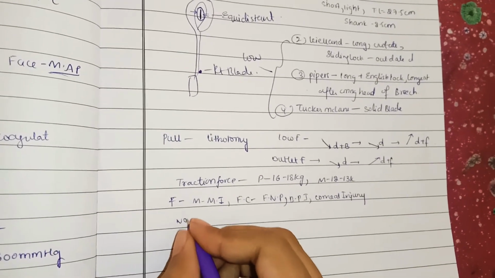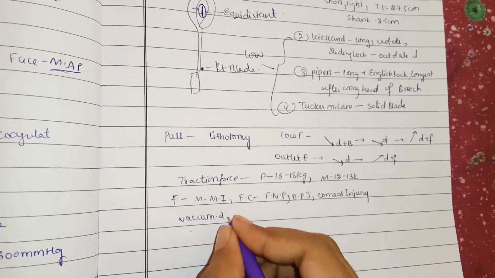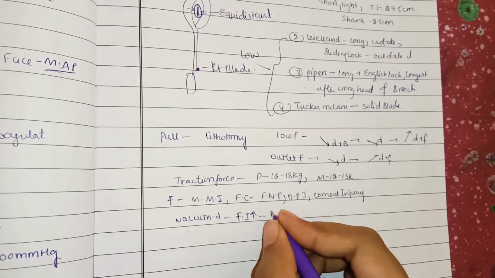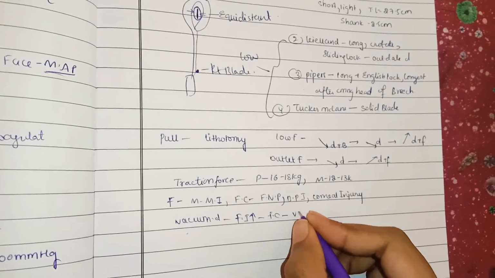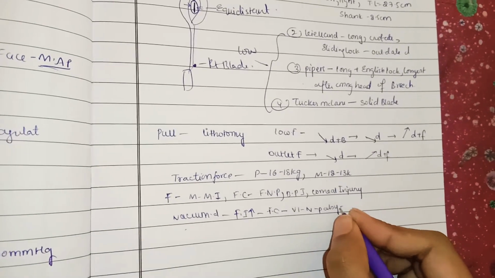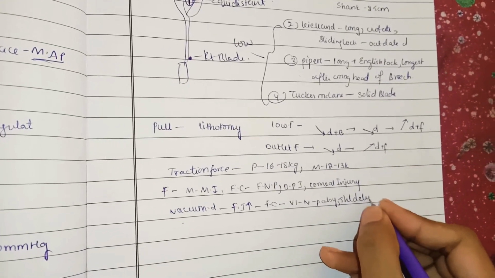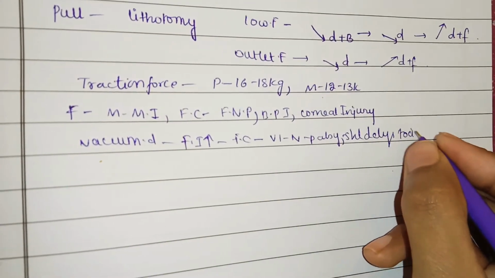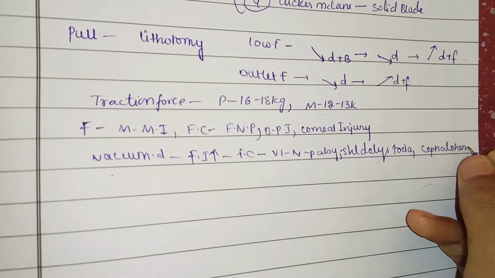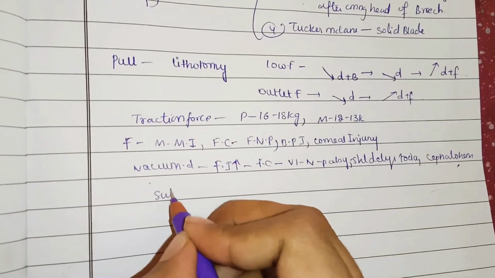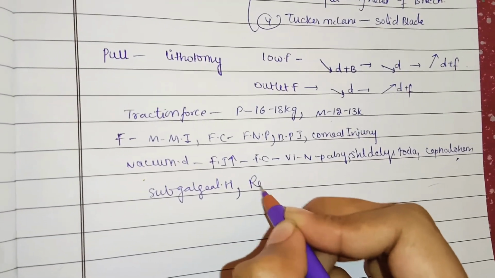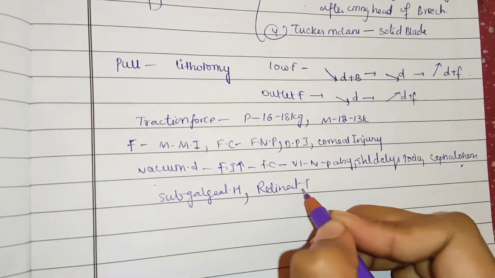In the case of vacuum delivery, there is more fetal injury, and fetal complications are 6th nerve palsy, shoulder dystocia, cephalohematoma, subgaleal hemorrhage, retinal injury. All these are complications.